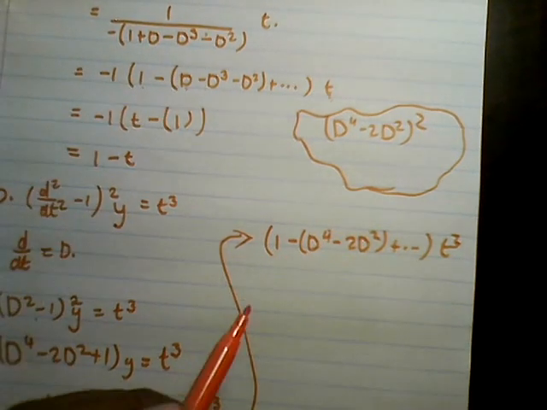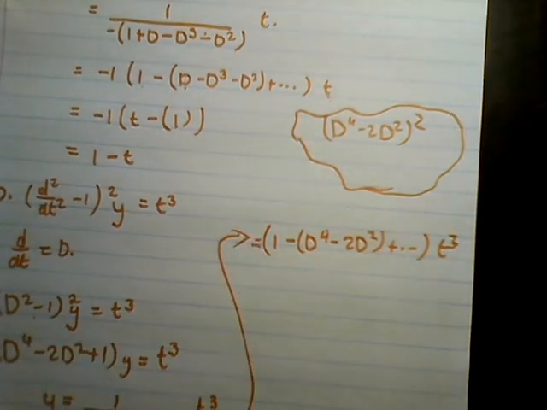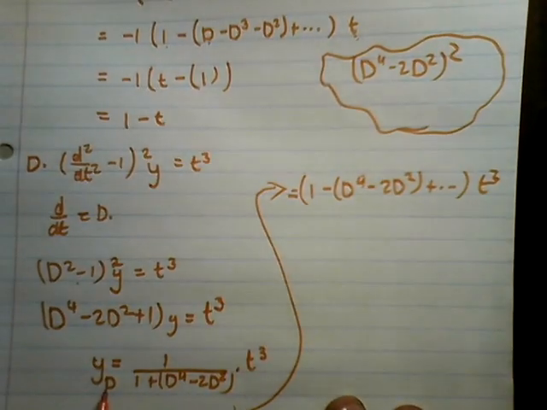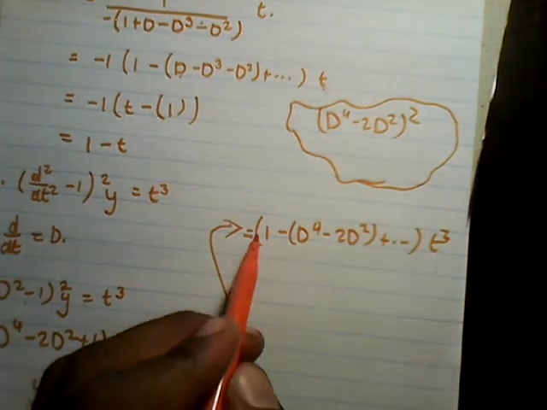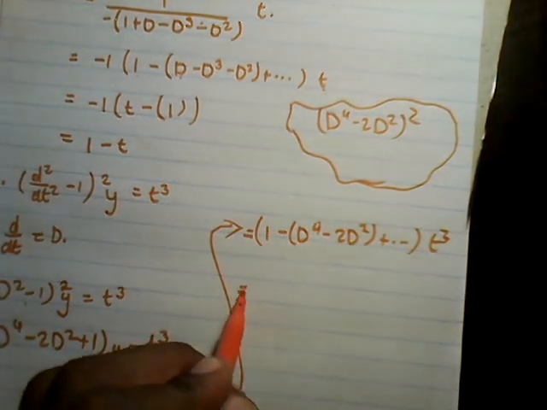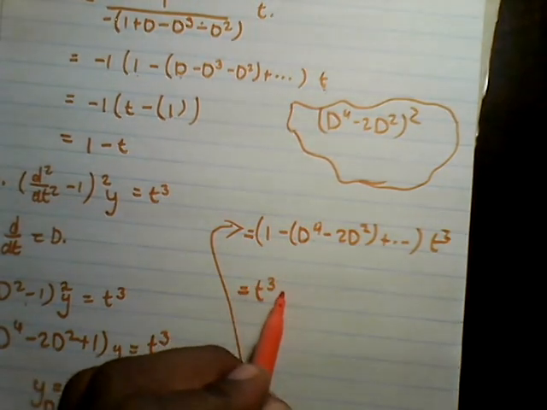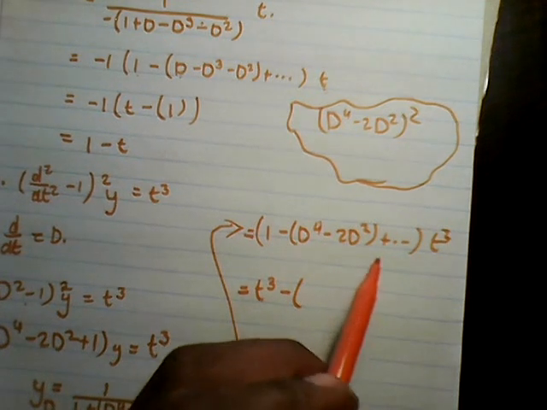Okay, now this is yp here, and this yp is equal to t cubed minus the fourth derivative of t cubed.